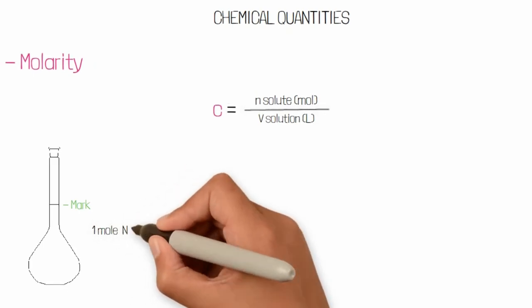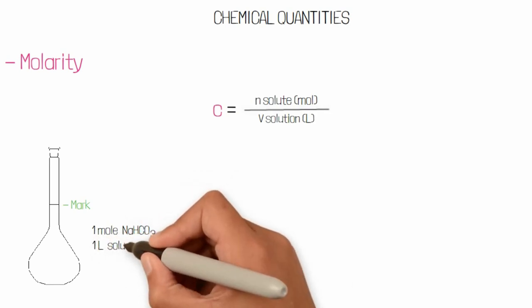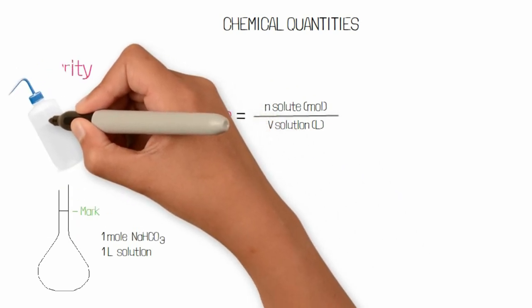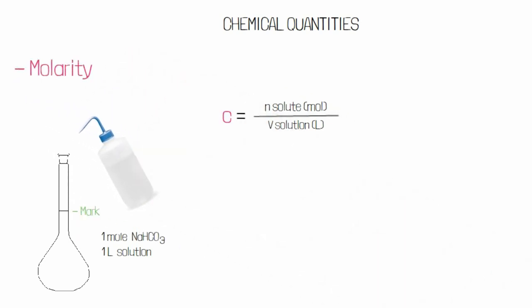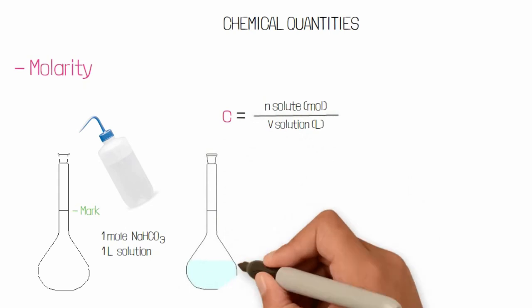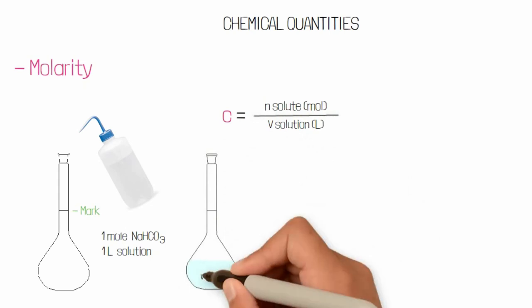So let's pretend we have 1 mole of sodium bicarbonate and we want to prepare 1 liter of solution. How to do that? We have to put some amount of water inside this flask, but we do not have to reach the top of the flask, so we don't have to reach the line, okay?